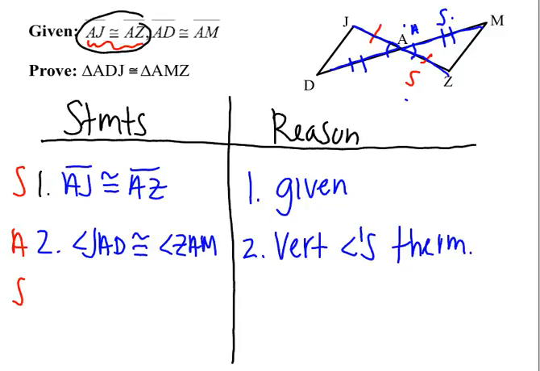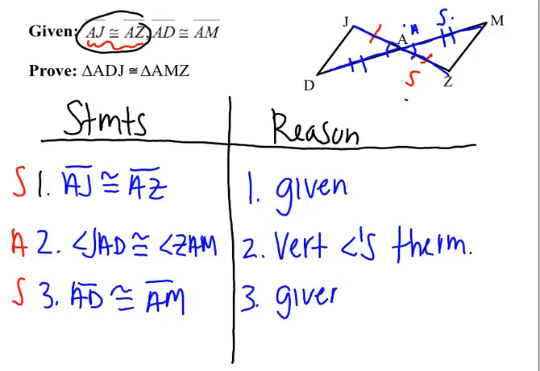And what's my second pair of congruent sides? AD is congruent to AM. Why is that? Well, that was also given to us. Now we have said enough to conclude that triangle, remember you always end with your proven statement.